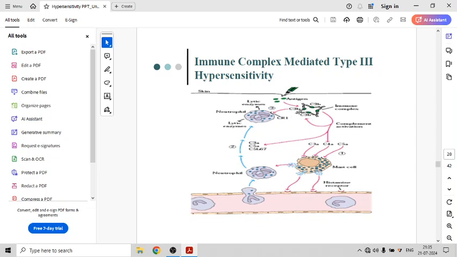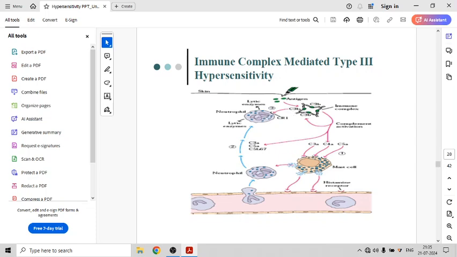So the complement mediated reaction is already initiated and that will be taking place. At the same time, the complement formed is initiating neutrophil activation and mast cell activation, and the neutrophils have come to the site and they get activated by binding with C3a complement.